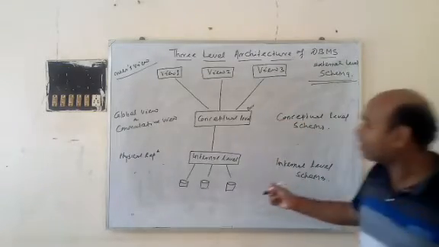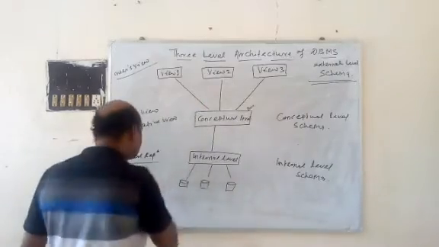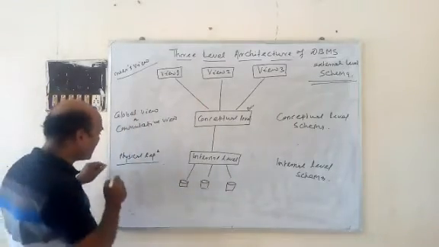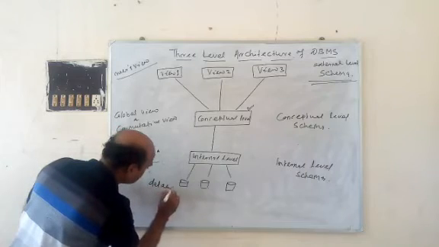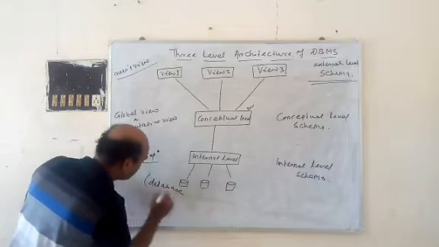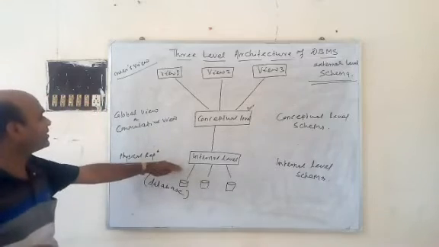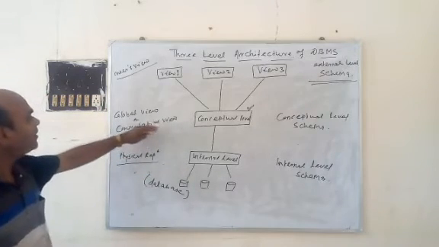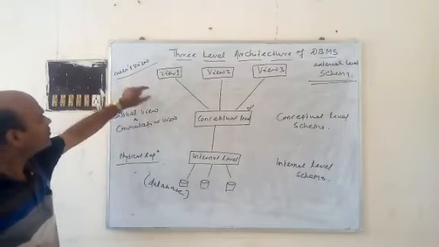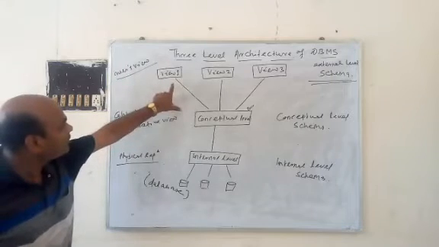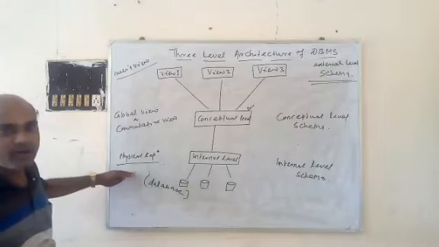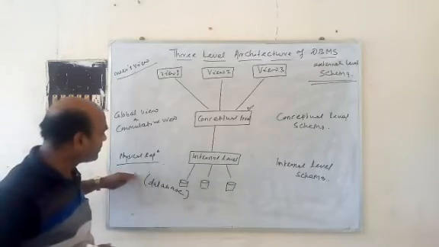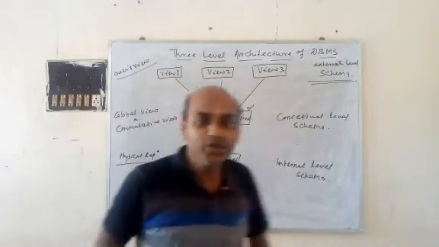This is the physical representation of how records are stored in the database. The global and users views are the upper two levels. The last level is the physical representation where records, that is values, are stored.